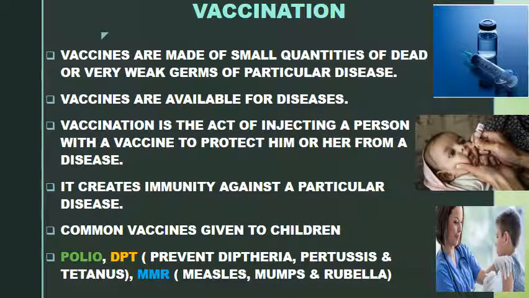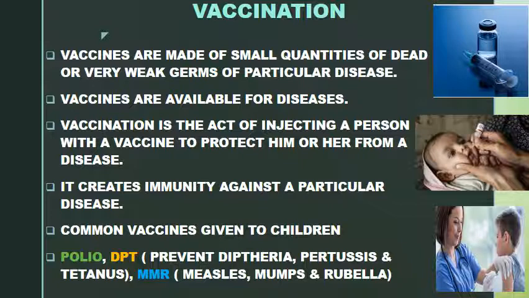Now, what is vaccination? So, students, vaccination is the act of injecting a person with a vaccine to protect him or her from a disease. This is an effective way of preventing many communicable diseases. And for this, we need vaccines. Now, how are vaccines made?